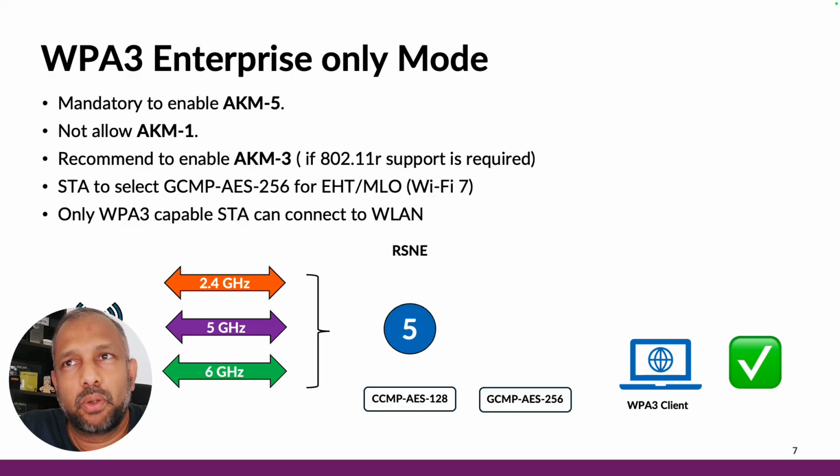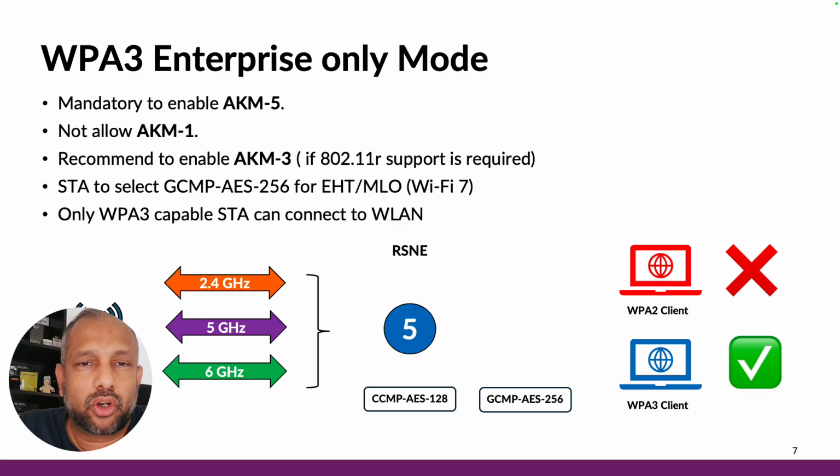But if you bring a WPA2 client, you may not be able to connect to this SSID. Okay, so this is WPA3 only mode, but still this mode is rare, because you always have a legacy client, only WPA2. In that way, this is not implemented unless you have a controlled endpoint.